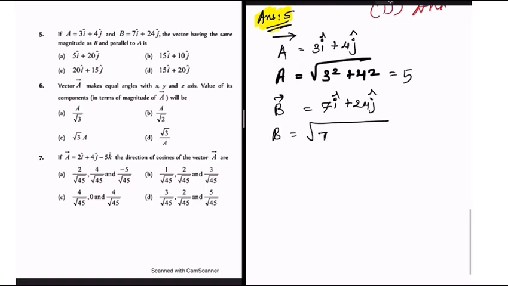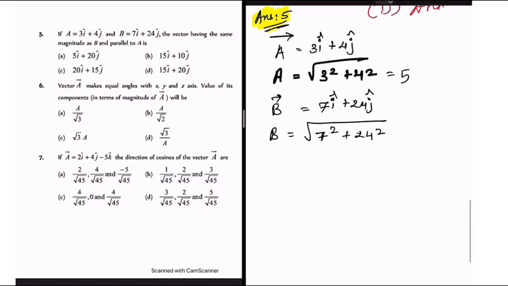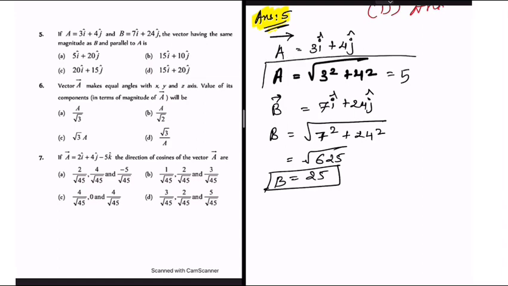Magnitude of B is under root 7 square plus 24 square. 7 square is 49. 24 square is 576. Total is 625. Your answer is 25. Magnitude of B is 25. Magnitude of A is 5.